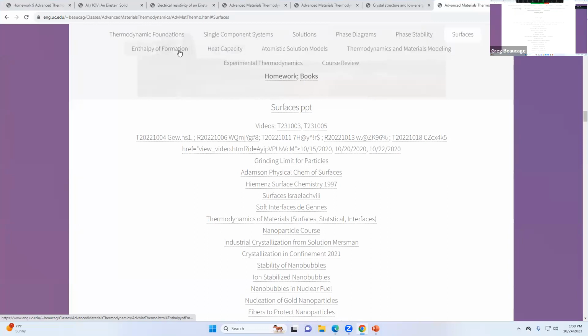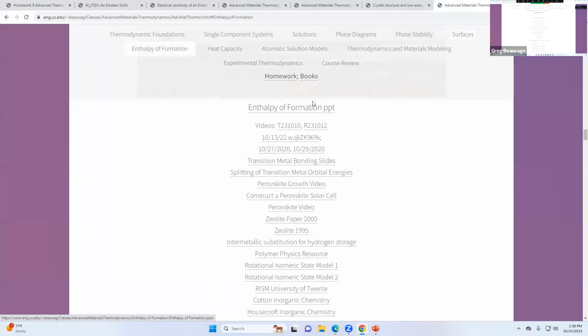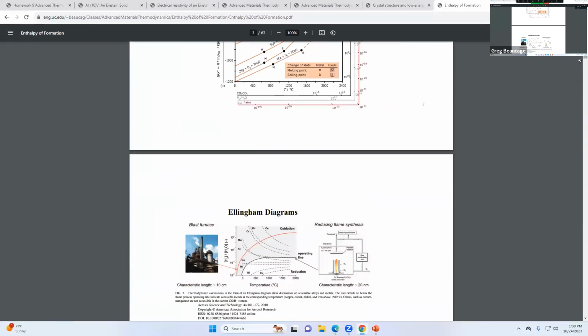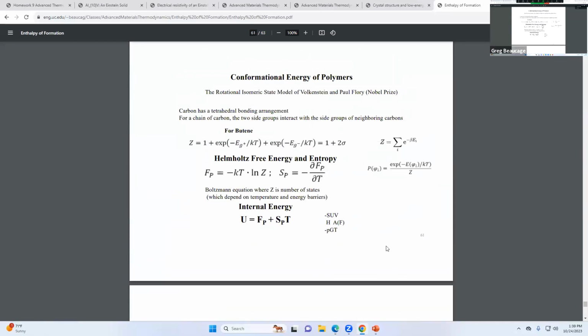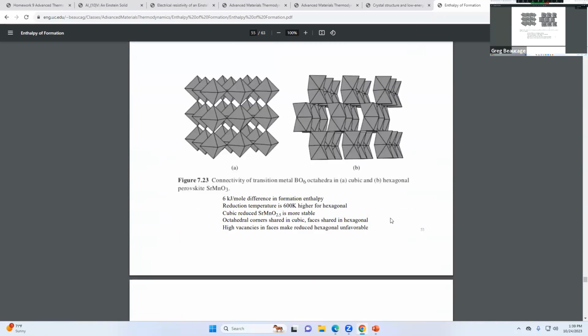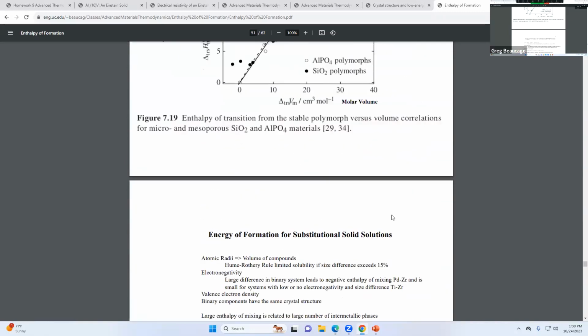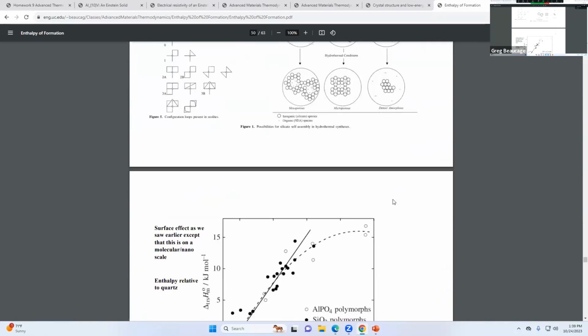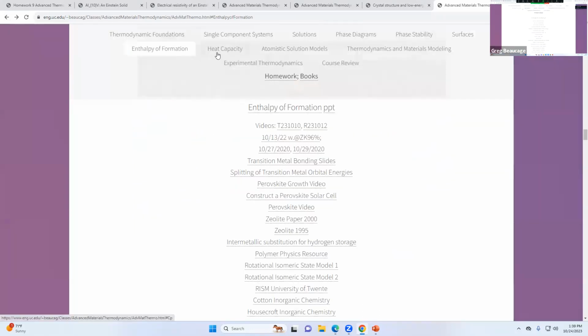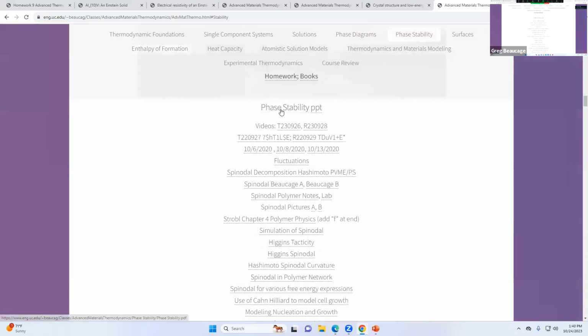That's it. Enthalpy of formation. Maybe that's what it is. End of this. Not good. What is the thing I'm looking for? At the end of this?